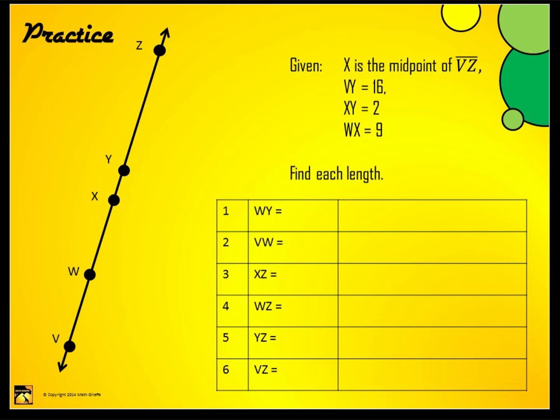All right, so over here on the left, we have a nice segment with lots of points on it. And this is the information that we're going to start with. So let's talk about midpoint. It's been a while, right? So let's remember that midpoint means that it's splitting that segment in half, so into two equal pieces.